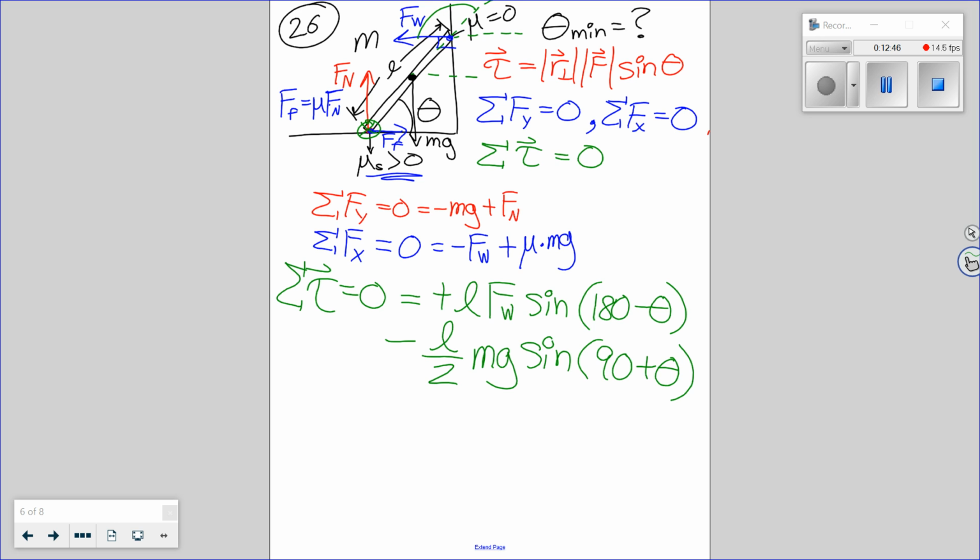If we can solve for theta, oh dear. Okay. And so we need theta at least as steep. Greater than or equal to what?